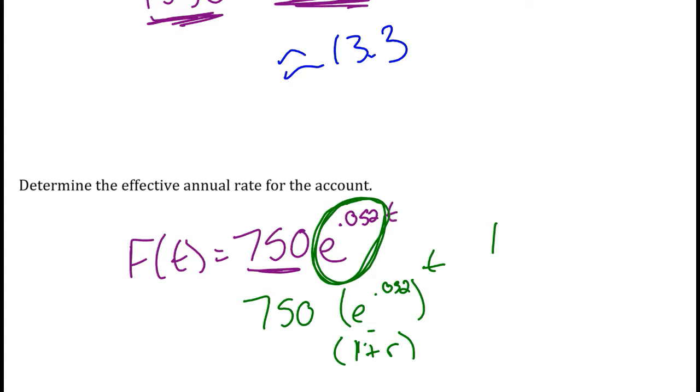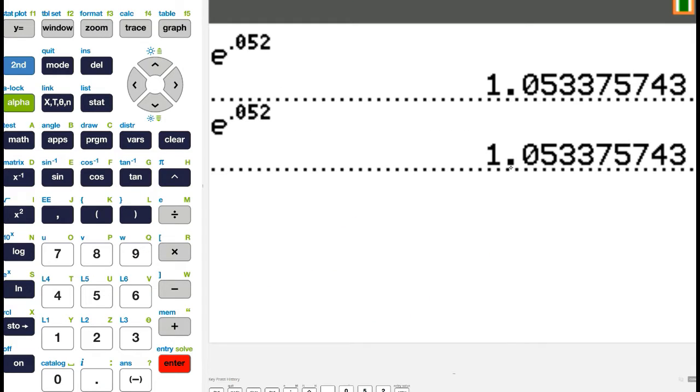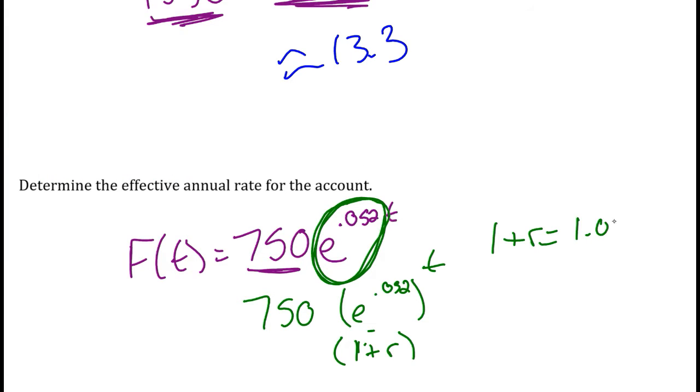So 1 plus r equals, well, what did it equal? 1.05337. Let's write that down. 1.05337, about. Well, the 1 doesn't matter, so r equals 0.05337.